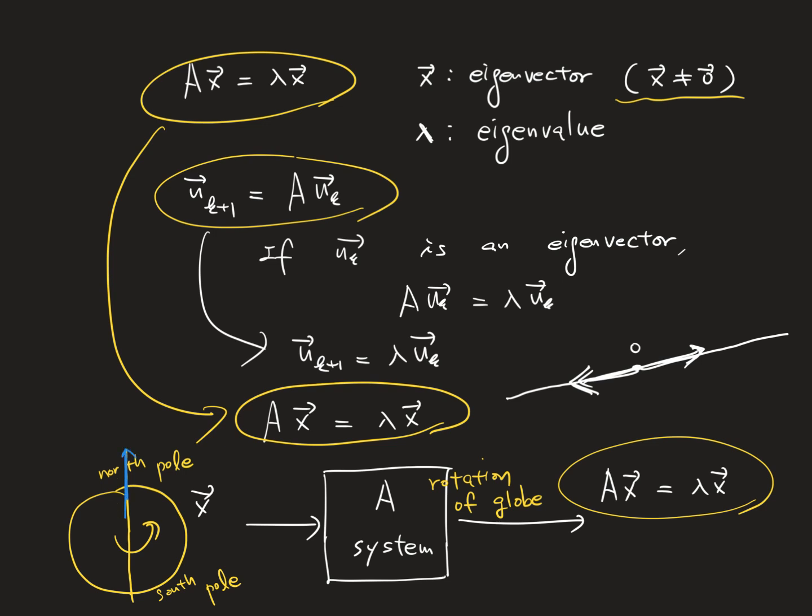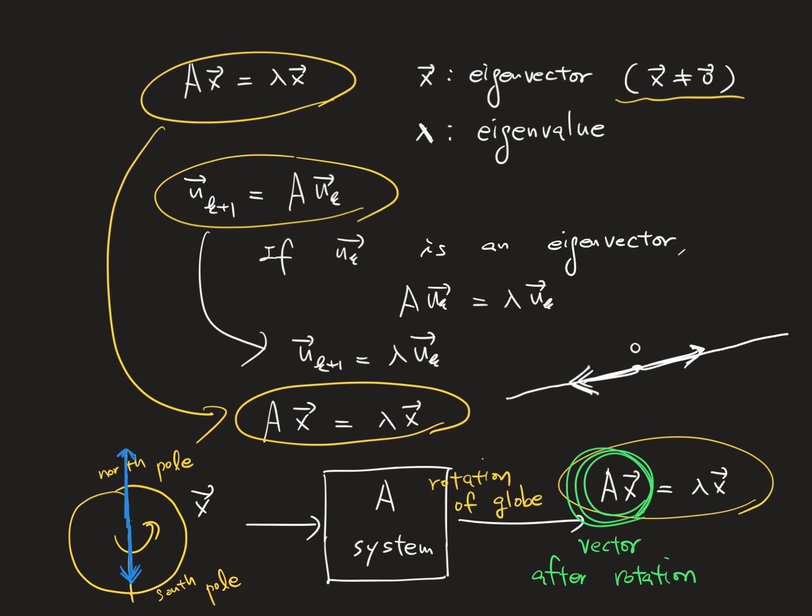Any vector on the rotation axis will be an eigenvector of the rotation, because after rotation, the vector does not change.